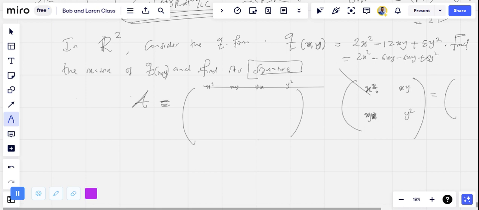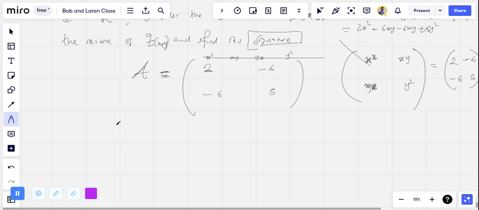So this is equivalent to: the coefficient of x squared is 2, the coefficient of xy is minus 6. Luckily for me, I also have xy here as minus 6 and this also 5. So the matrix A is 2, minus 6, minus 6, 5. I think this is sorted out.